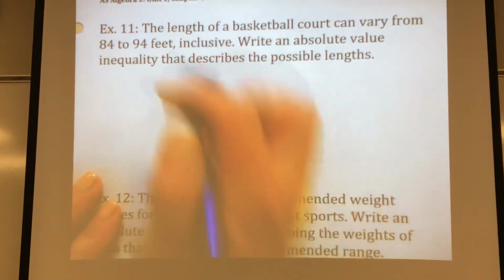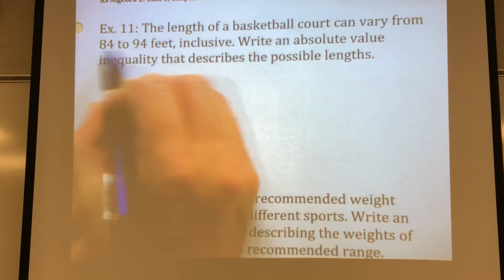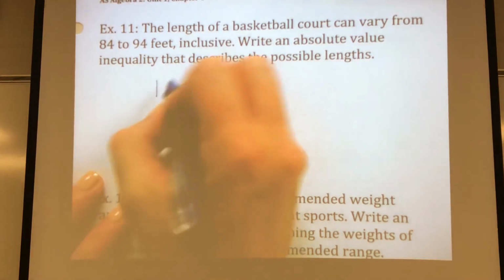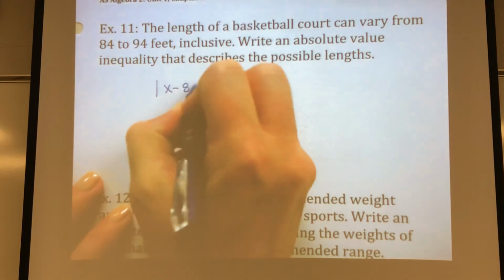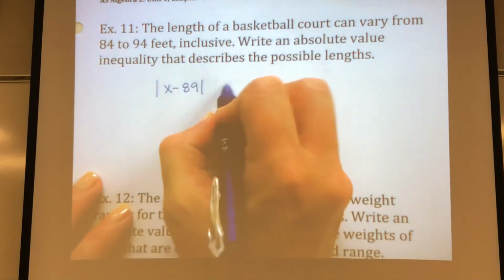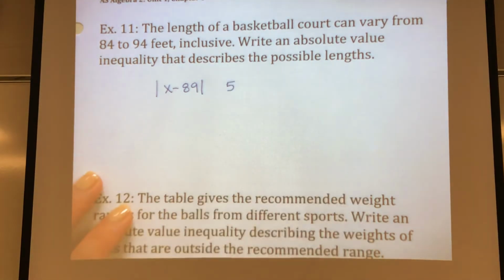All right, so just like last time, we need to find that middle number. So we need to know the number between 84 and 94. So a couple different ways. You can just count it. You can add them together and divide by 2 to find their average. But hopefully you find that 89 is that middle number. And from 89, each one of those values is 5 away. So 5 is our allowable error for this basketball court.